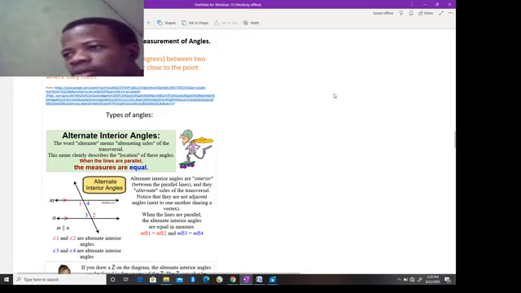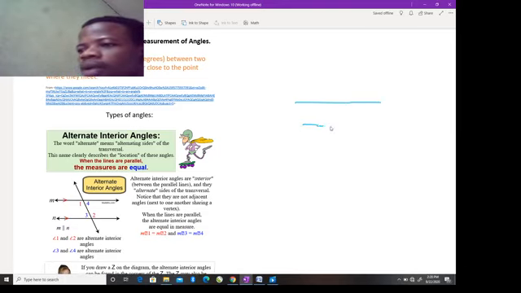Let me draw something. So you have something like this. Probably I make this known first: each time you look at this sign between two lines, it is a sign of parallelism. It means these two lines are parallel.